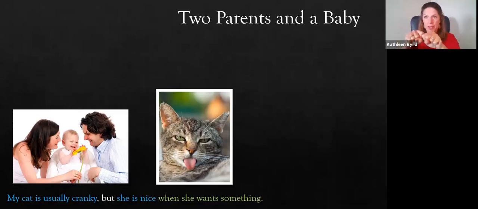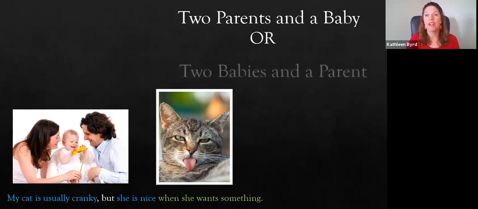A wedding ring. And that was the comma and then the connector. So here, comma, but. And then, do you notice that last clause? It starts with when. That's a diaper word. It's telling us there's a dependent clause happening when she wants something. My cat is usually cranky, but she is nice when she wants something. Now, if you've never heard the word cranky, that just means in a bad mood.